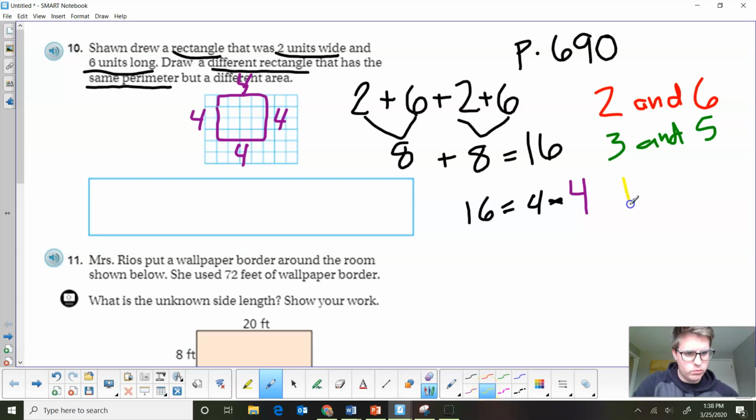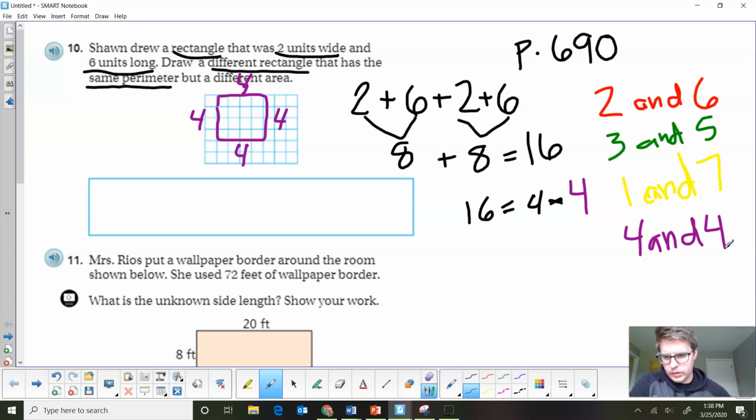You could have also said 1 and 7. All those would have worked out, and all 3 of these answers, plus I guess the one that we did, the purple one, the 4 and 4, they all have different areas, but they all have the same perimeter of 16. So you could have done any of those options.